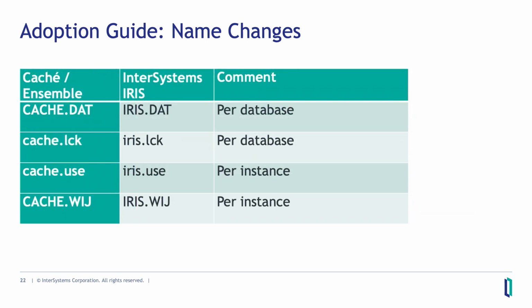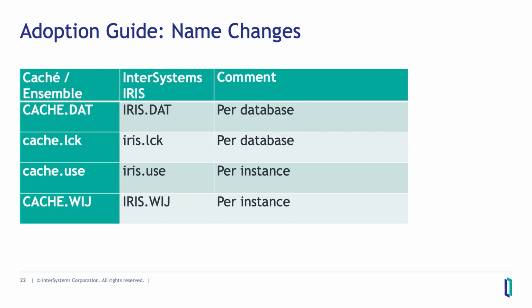A caché.dat becomes an iris.dat, caché log file, iris log file, caché use. And here I want to just mention that a caché.dat database has not changed its format. You can take an existing database from Caché and Ensemble and mount it onto InterSystems IRIS.